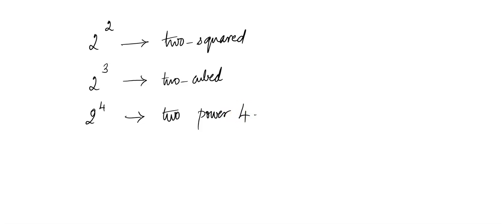So we do have a specific way of expressing them if the exponent is 2 or 3. We call them squared and cubed. If it is anything else, we just say 2 power 4, or we can just say 2 to the 4th power.